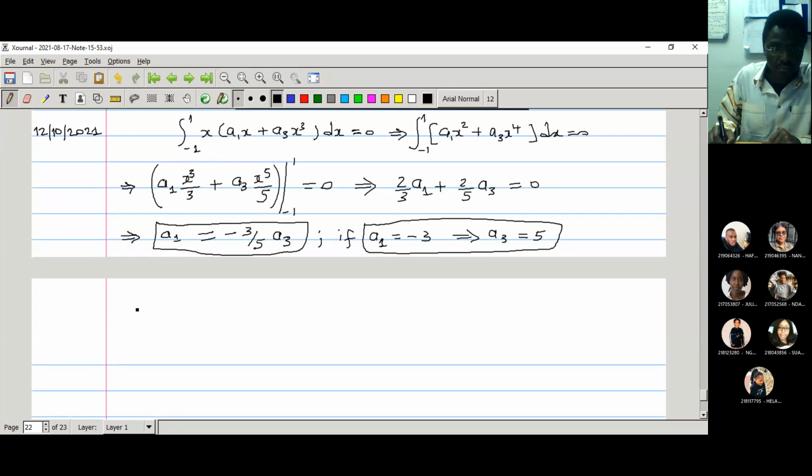So our Q(x), since Q(x) is A1 x plus A3 x cubed, right? I can substitute the value. So this will be -3x plus 5x cubed.